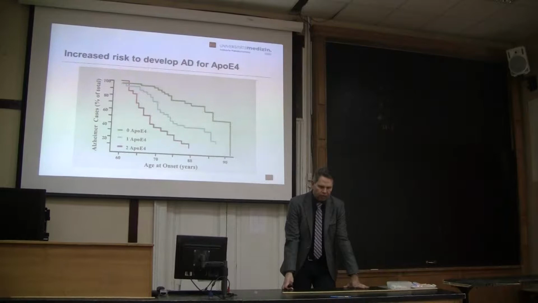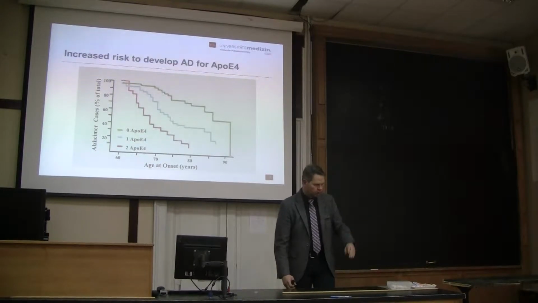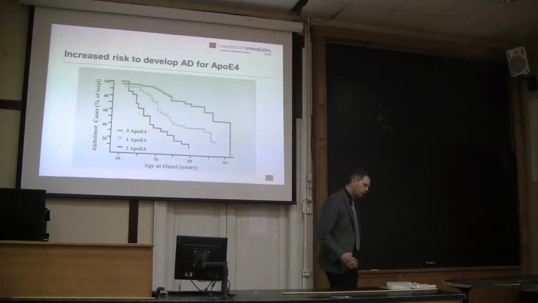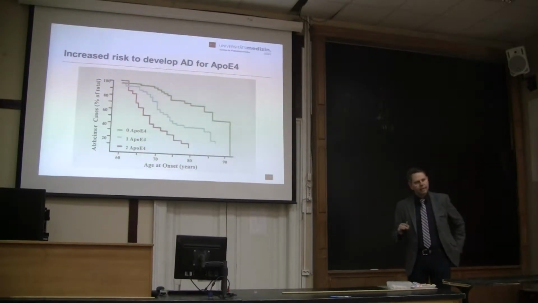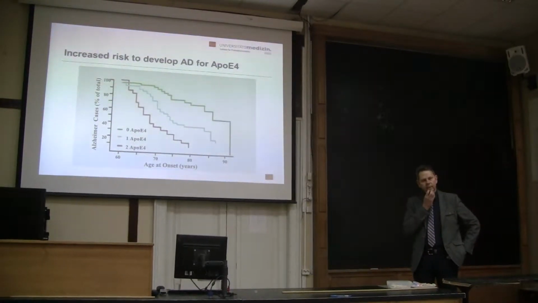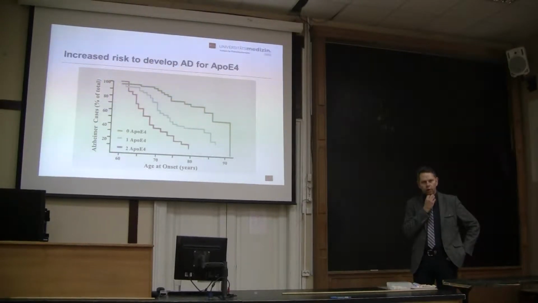So when I finished my PhD in Germany, I already worked on APP, or tried to work on the physiological function of APP. Was more or less successful, but anyway, I decided to stay in the Alzheimer's field and was looking for postdoc positions abroad.